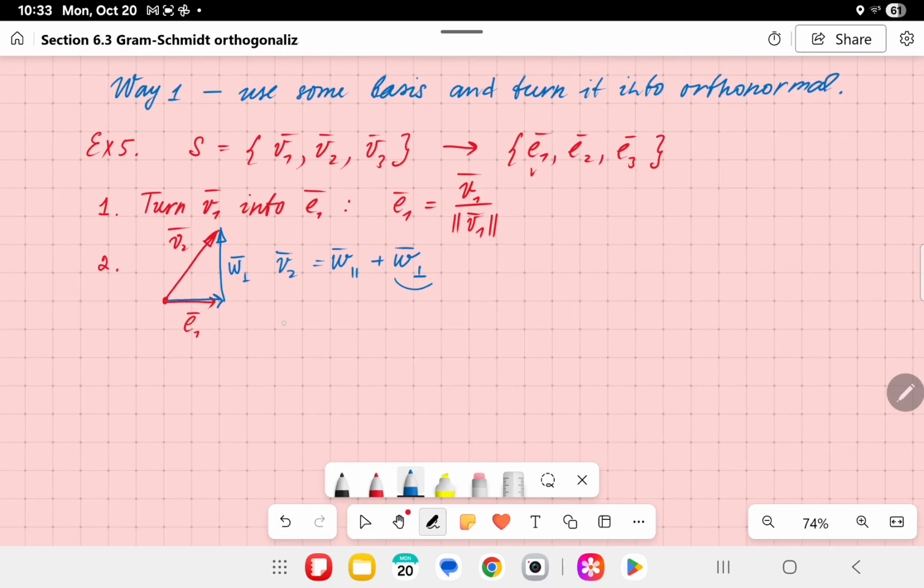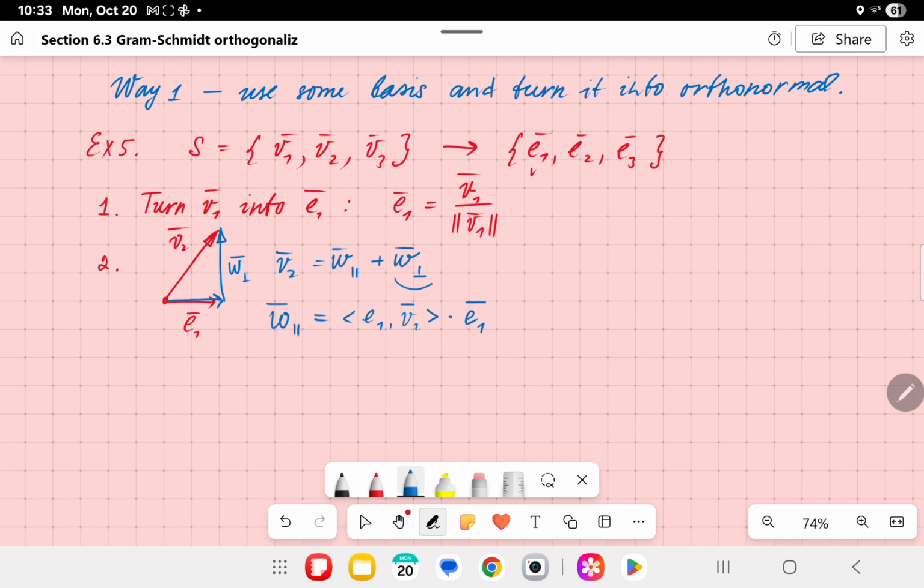Guys, I'm going to write down the formula for the parallel part, w parallel. It's going to be the inner product of e1 and v2, multiplied by e1 as a vector.